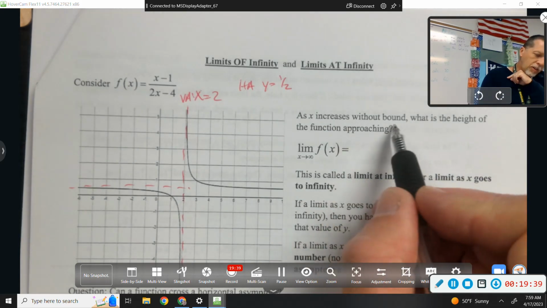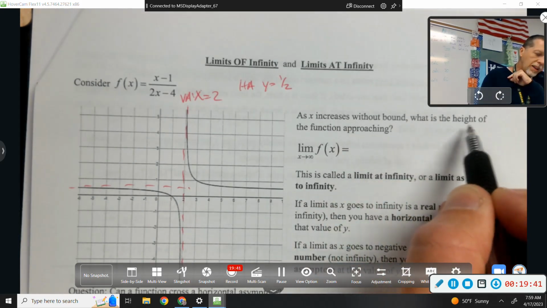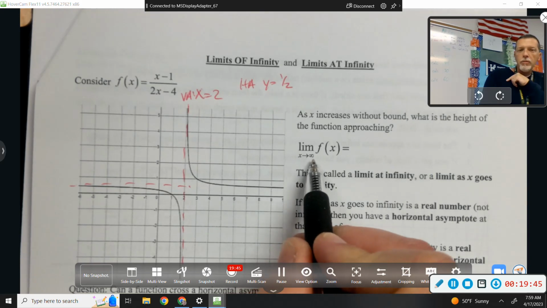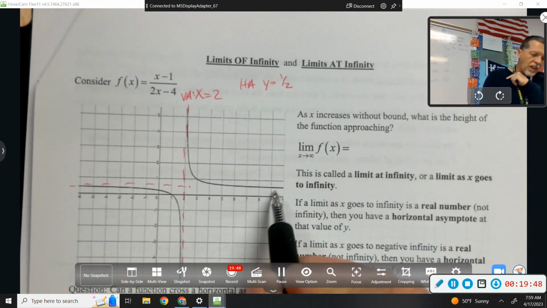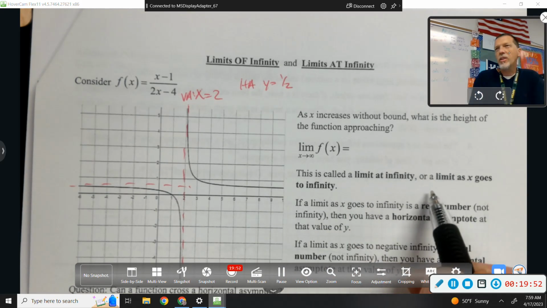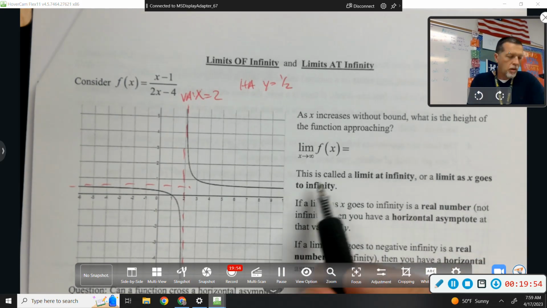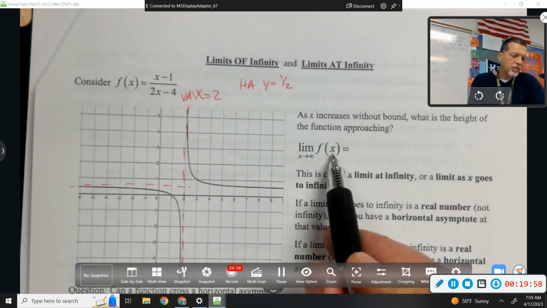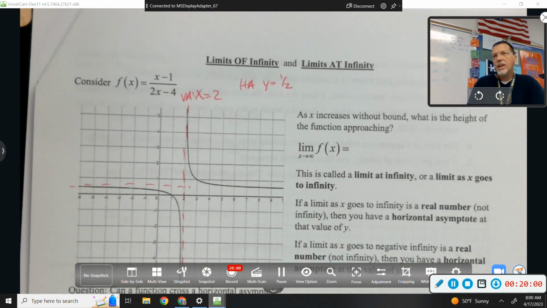As x increases without bound, what is the height of the function approaching? So that means as x gets really, really big, so not just 9 or 10, but 11 or 12, or maybe 100 or 1,000 or 1,000,000, what is the height of the function approaching as x gets really big? 1/2.